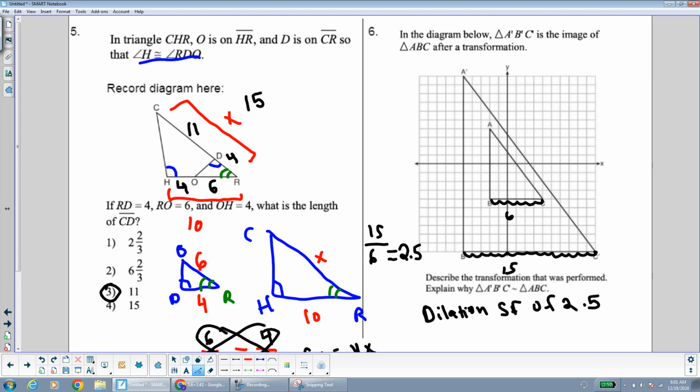And now we just need the center of dilation. I'm going to just draw a line connecting the image, pre-image point. And remember the center should be on that line. I'll do the same thing here. Image, pre-image. The center should be along that line. Sorry, it moved a little bit. And last, image, pre-image.